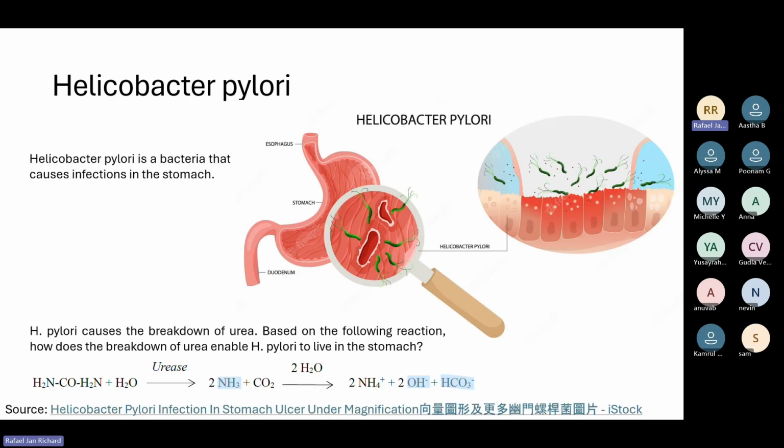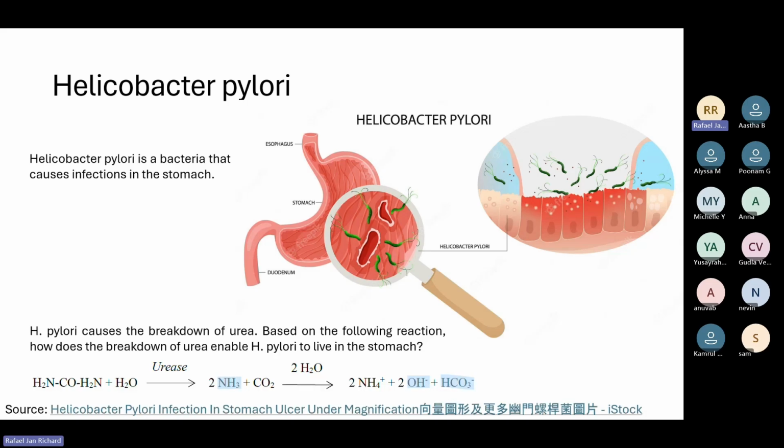Helicobacter pylori, or just H. pylori, is a bacteria that causes infections in the stomach. And that can be really, I hope no one has experienced it. I personally haven't, but I've heard you don't feel good at all if you have this sort of infection.